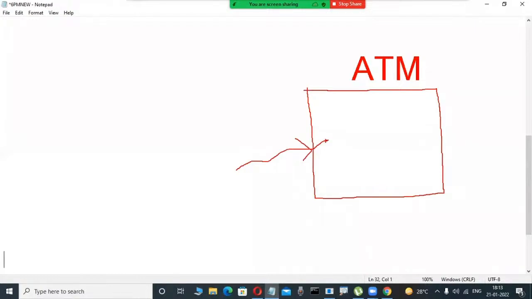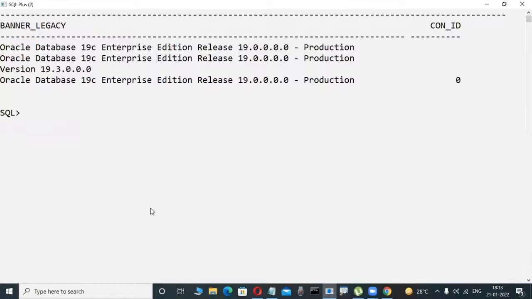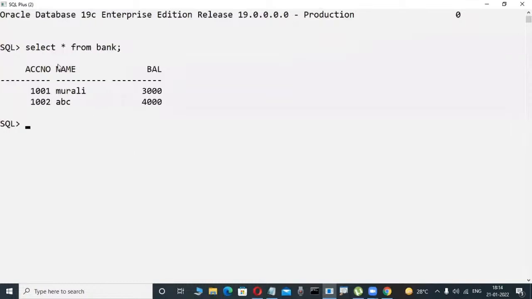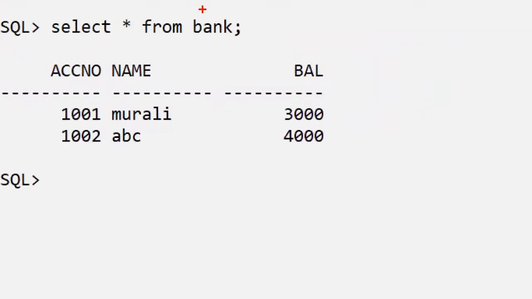Now check it out. Slowly observe the screen. Suppose in this database, bank is a table, for example. Just observe the scenario, a very easy way to understand. This bank is a table, and in table format only we store the data.